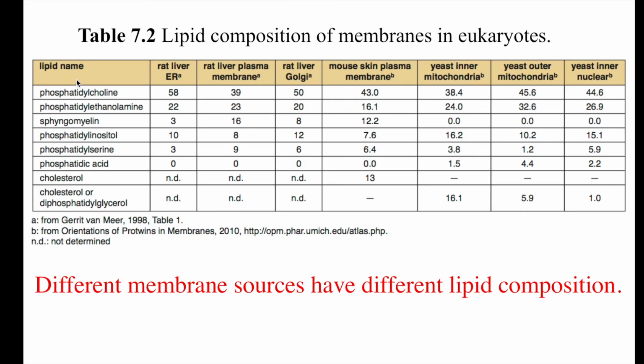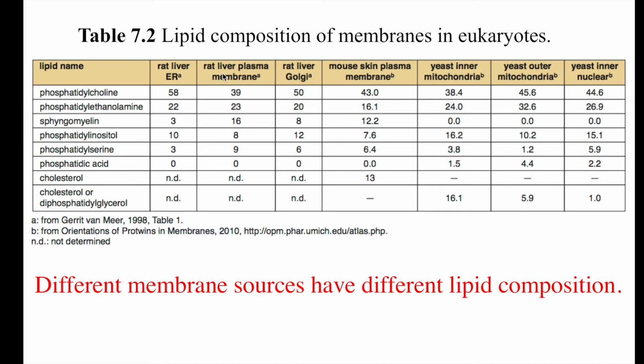Here is a table of a whole bunch of different kinds of phospholipids, and then here's cholesterol and the effect that it has on their membranes. Different types of membranes have different chemical composition.